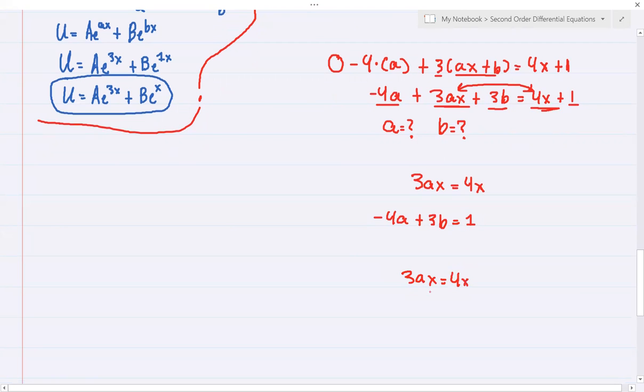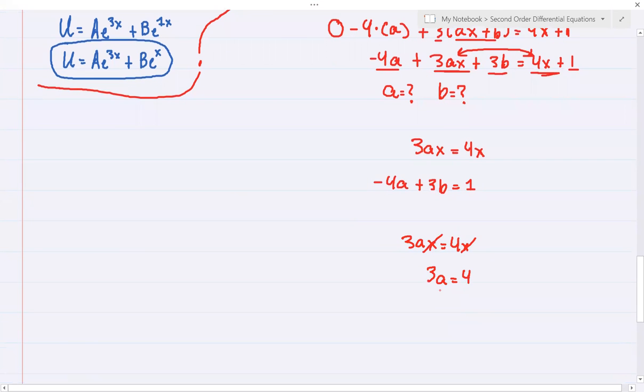Since both of them have the same x, we can cancel them both, which as a result gives us 3a is equal to 4. Now let's divide both sides by 3 to find your a. We will have a is equal to 4 all over 3.